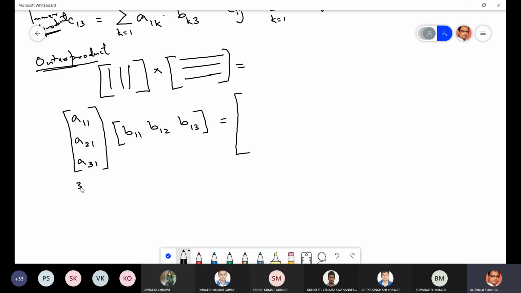So this becomes 3 cross 1, this is 1 cross 3. I've taken only one column and one row, 3 cross 1, 1 cross 3. And this itself gives me a 3 cross 3 matrix.